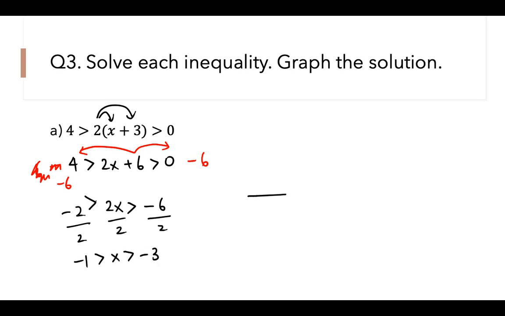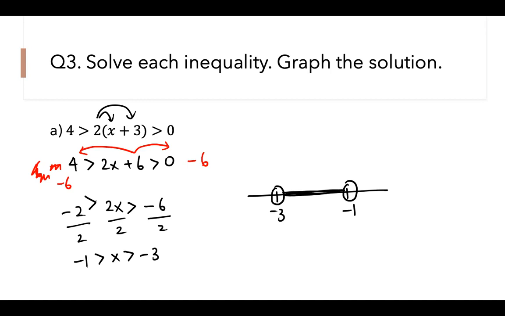If I have to draw a number line, we have negative 3 and negative 1. So x is greater than negative 3, but less than negative 1. So it's excluding, so it's an open circle, and anything in between.